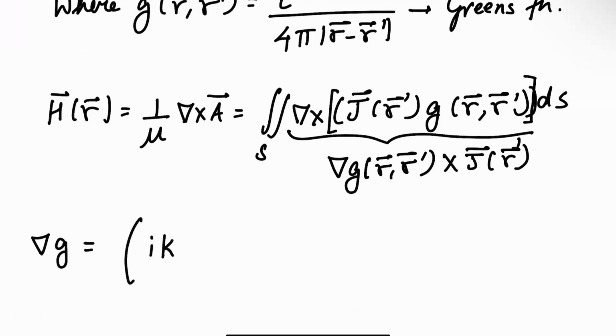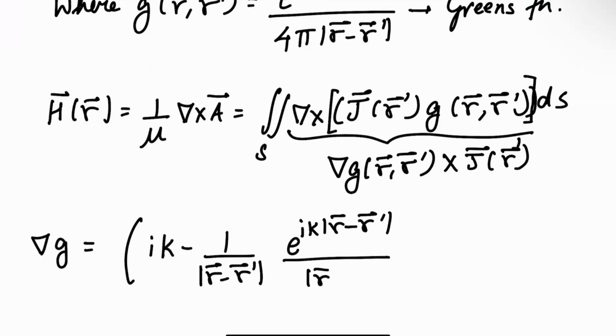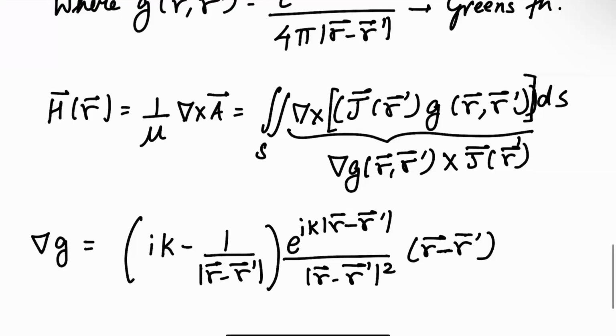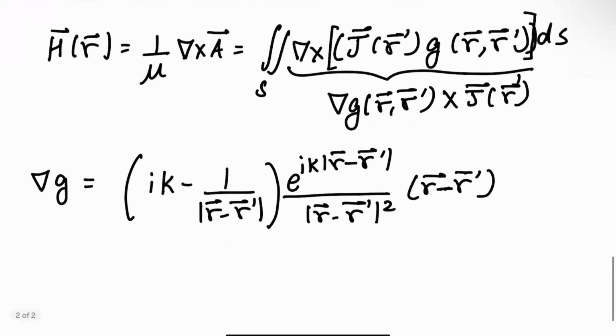That would be (ik minus 1 over mod r minus r prime) times e to the ik mod r minus r prime, divided by mod r minus r prime squared, times r minus r prime. So that's what the gradient of G is.